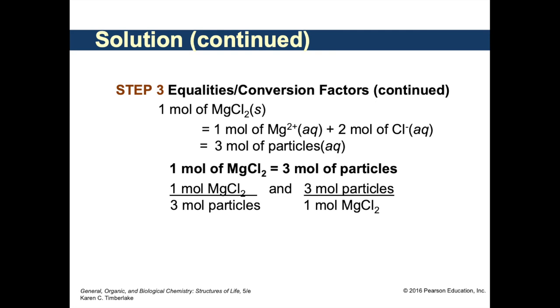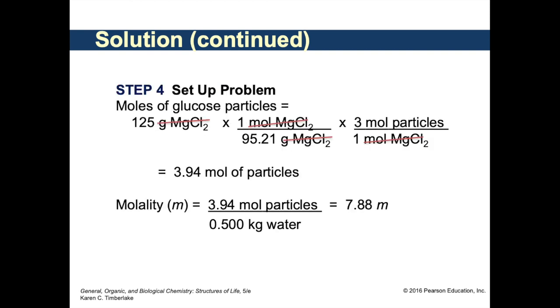Magnesium chloride splits up into an Mg2 plus ion, and you get 2 chloride ions. So that's a total of 3 ions, for a Van Hoff factor of 3. In other words, whatever you got for your moles of magnesium chloride, you need to triple that. You need to multiply that by 3 to get the moles of particles that we're going to use here.